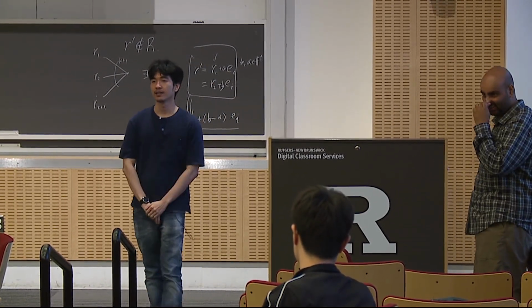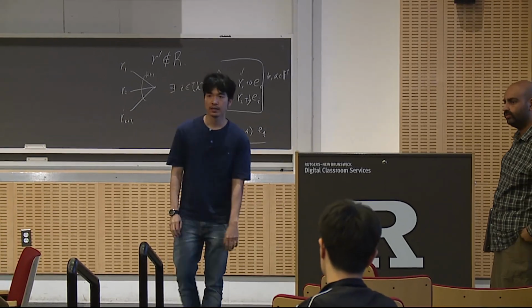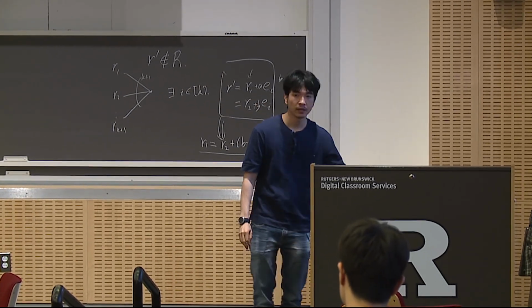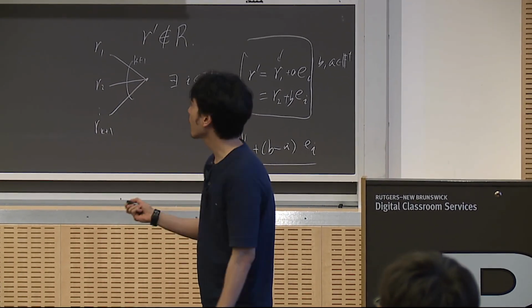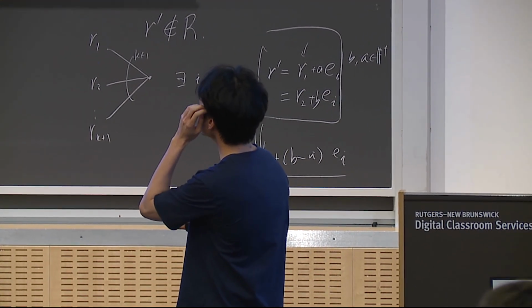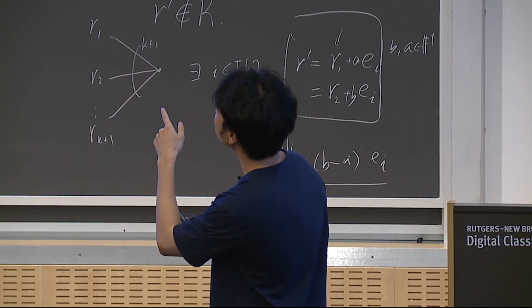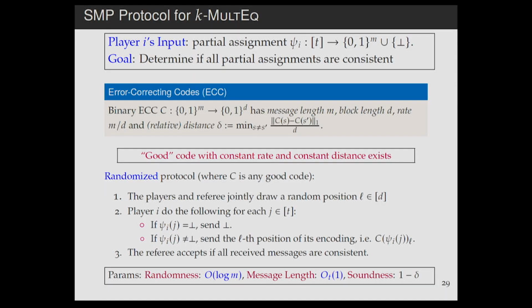Question: In the protocol you use error correcting codes, so which part of the protocol uses randomness? Which part of the protocol do we use randomness? Yes. In both protocols, but maybe it's easier to see for equality. Let's say everyone is given a number, and they want to check whether they are equal.